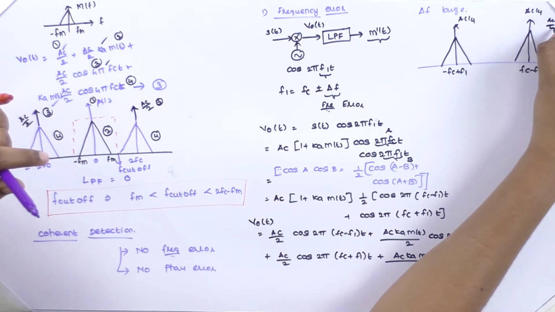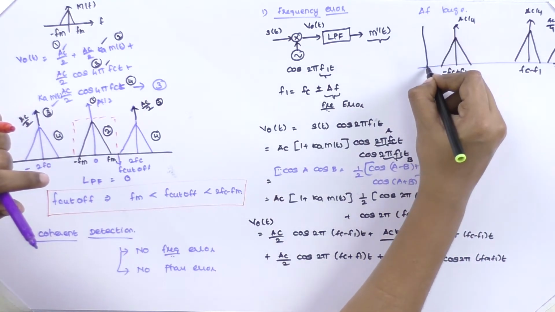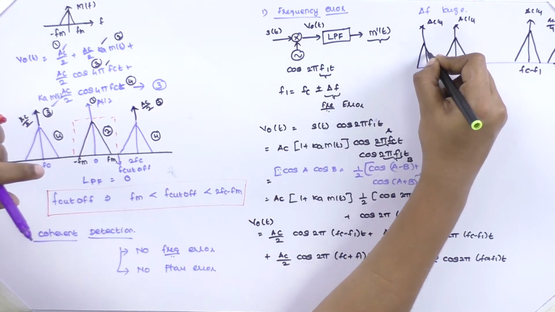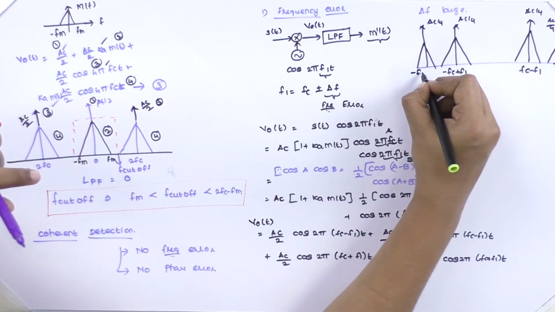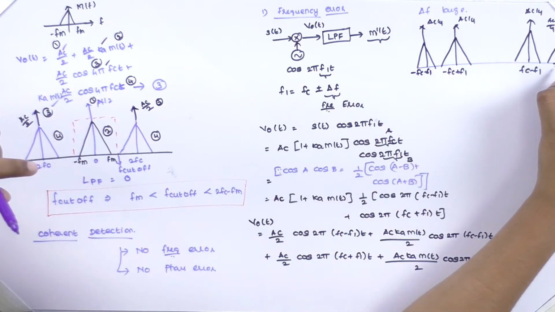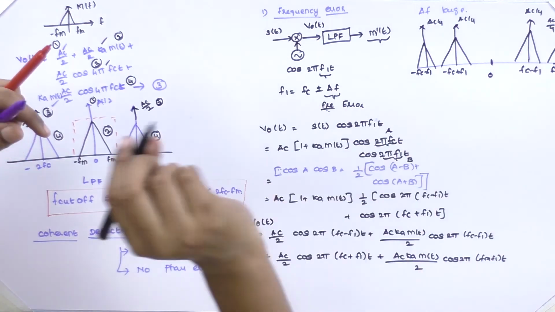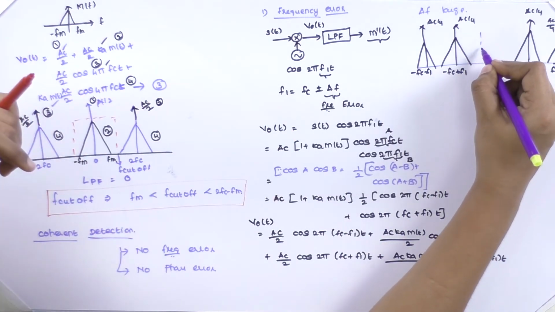Here it is AC by 4, again the amplitude will be, and here we have AC by 4, at minus fc minus f1 and here at fc plus f1. Therefore, at the origin we will have no information.